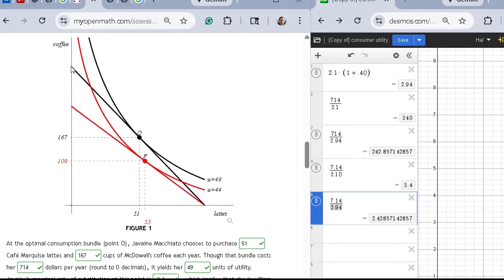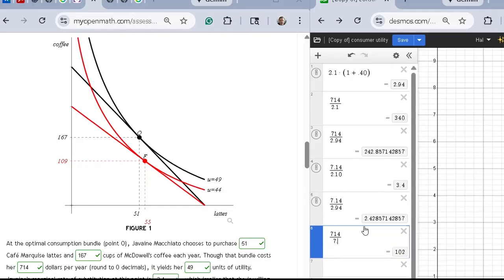The intercept did fall from 340 down to 242.86. Notice that the budget line did not rotate at this point. And that's because the x-intercept at this point is the budget divided by the price of lattes, and the price of lattes never changed.